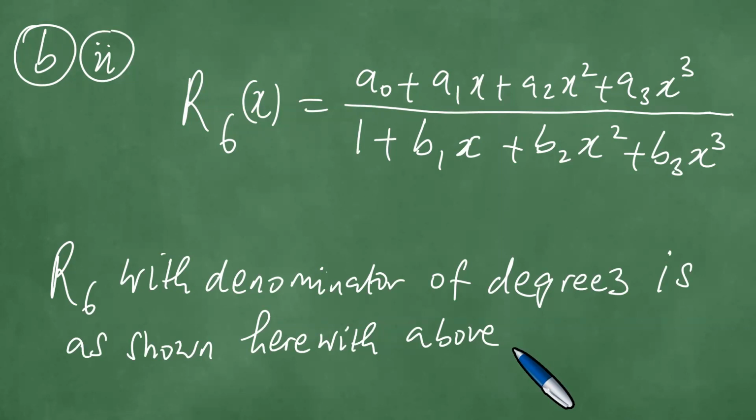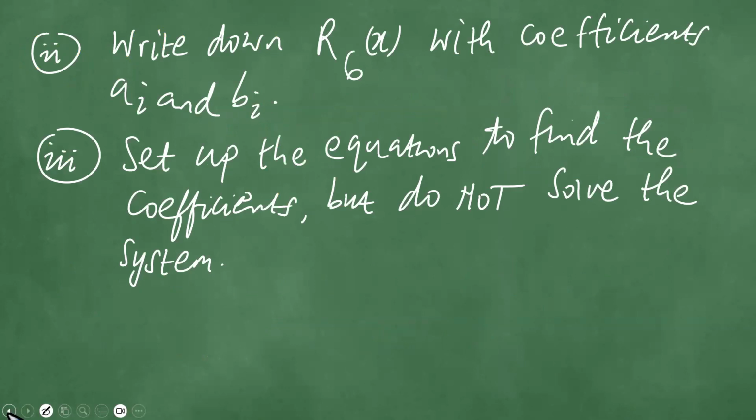Look, there are a couple of things that we need to consider here. Look at the new question, our next focus question. Third Roman figure, B. Write down R6 of X with coefficients AI and BI.